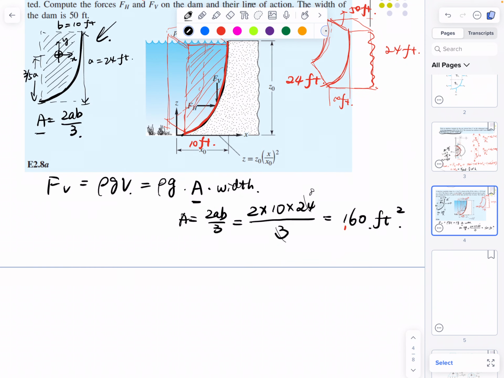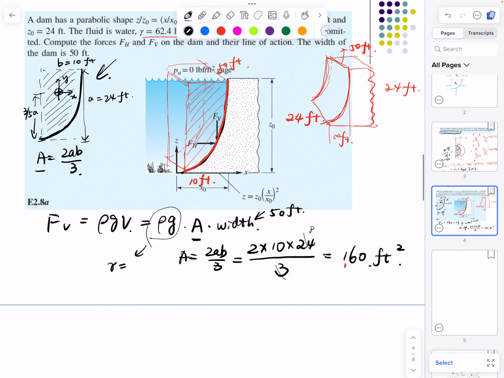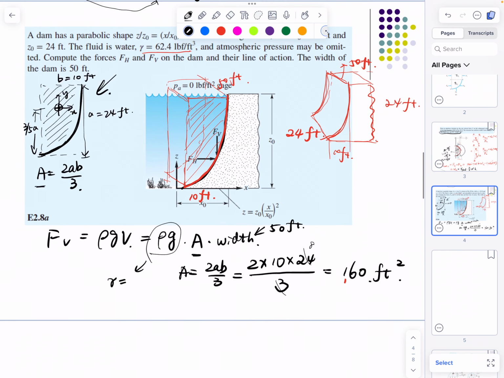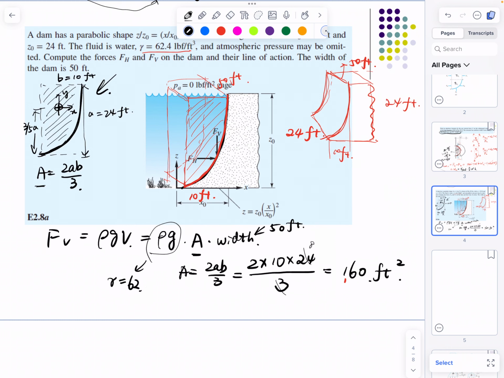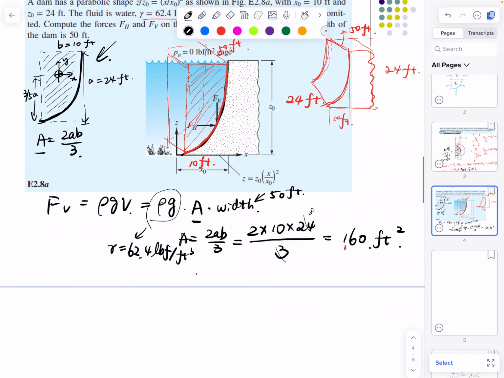Then we have our FV. We plug everything back in, and we know the width is given as 50 feet. And this rho g is given as gamma equals 62.4 pound force per cubic feet, right?